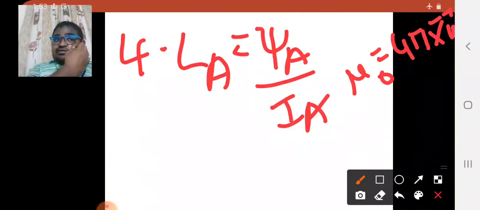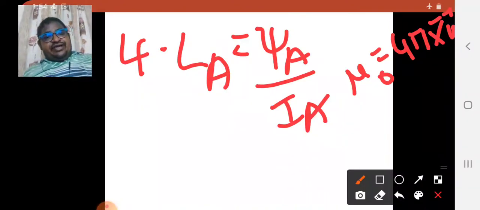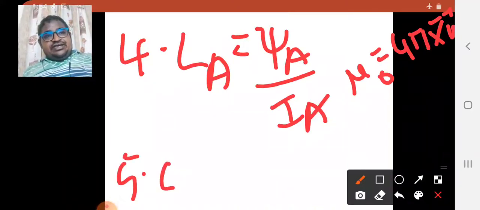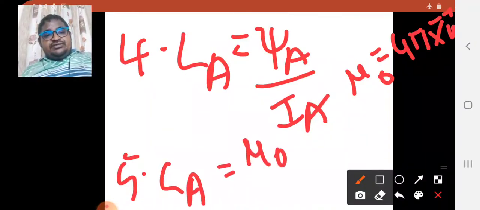If you substitute the mu naught value, you may get the final expression for self-inductance.